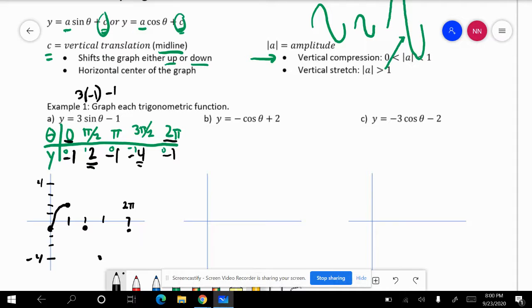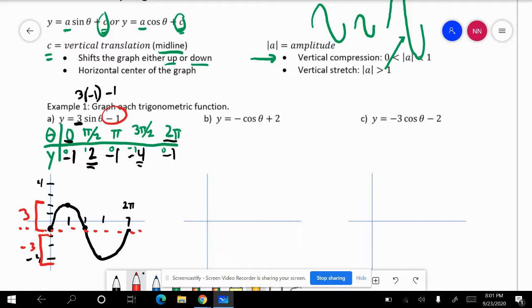So when we're looking at our sine curve, notice that it's a little bit higher peak and valley because we're multiplying by 3. So just a couple things to notice. Our midline is at -1 because of the -1. And then from the midline to the peak is 3. To the valley is also 3, or we could think of it as -3.